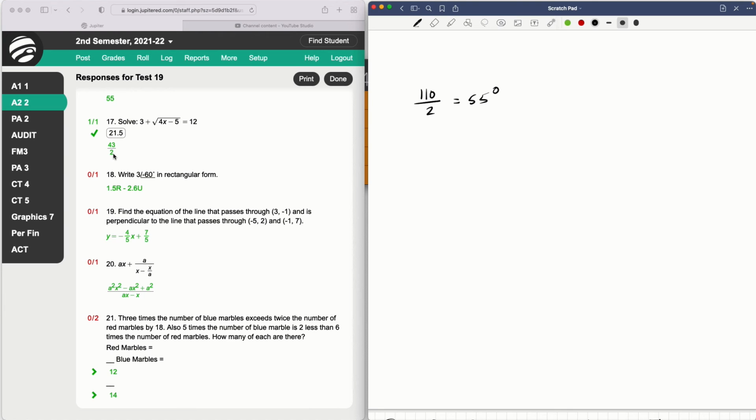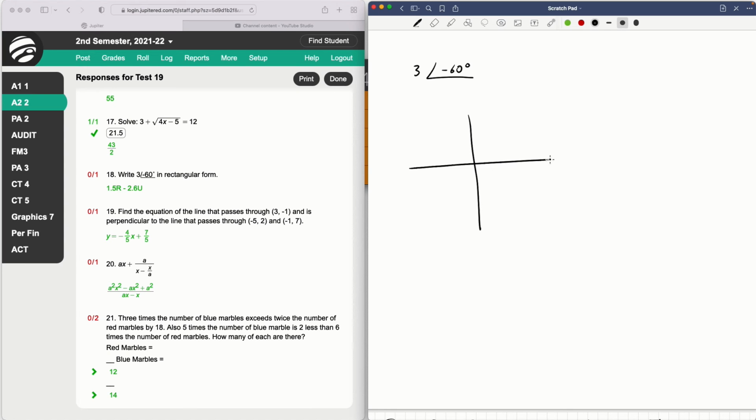All right, 4 problems. Write the rectangular form. Let me erase that. Rectangular form of 3 and negative 60 degrees. First, we find our negative 60 degrees. When it's negative 60, it starts here and goes this direction.